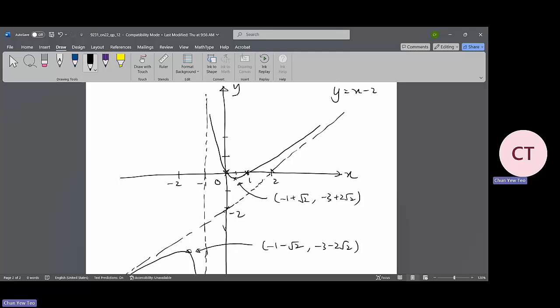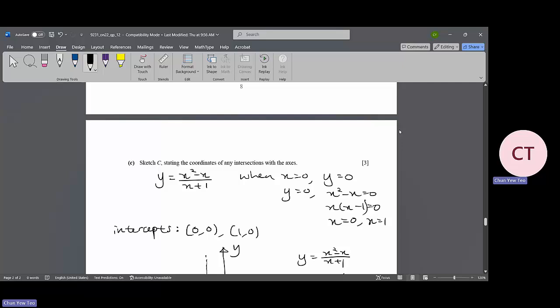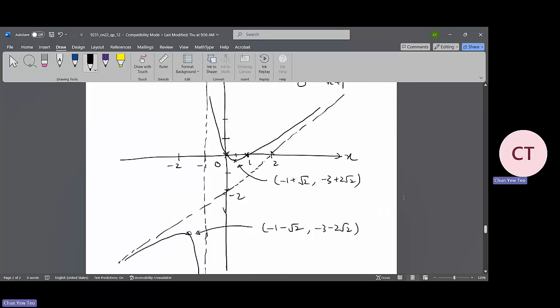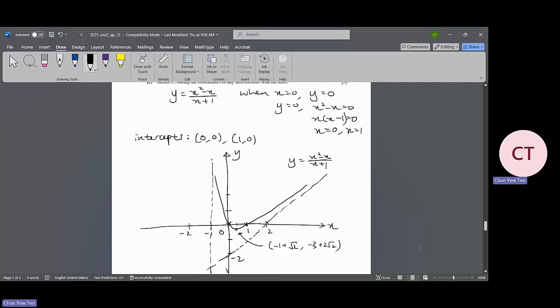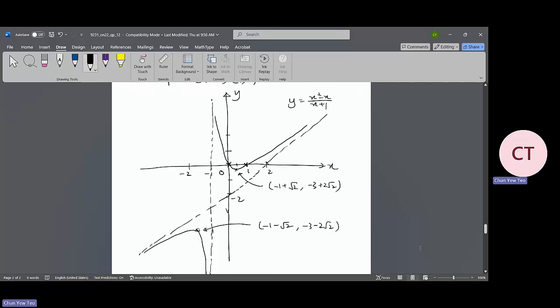This is the x, this is the y. So this will be the graph of y equal to (x squared minus x) over (x plus 1). Done. We are done with part C. So the graph looks like this. Maybe I zoom out a little bit for you to see the whole picture of it. So this is the full graph of part C.